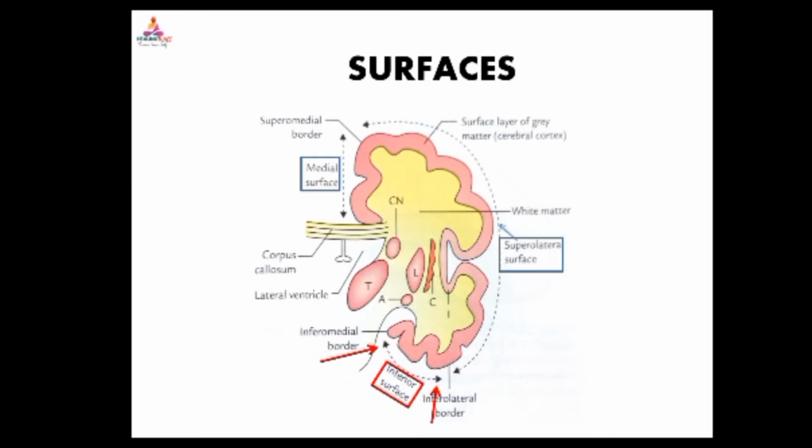Next is the inferior surface. The inferior surface is irregular to adapt to the floors of the anterior and middle cranial fossae. It is divided into two parts by a deep horizontal groove or sulcus.